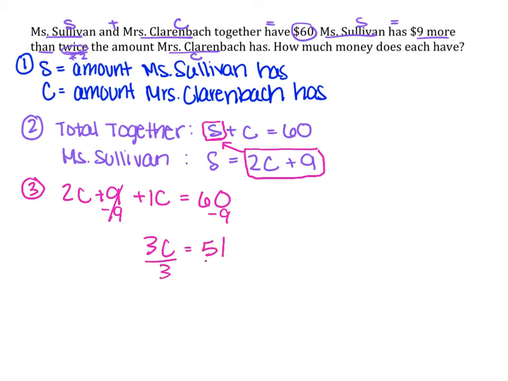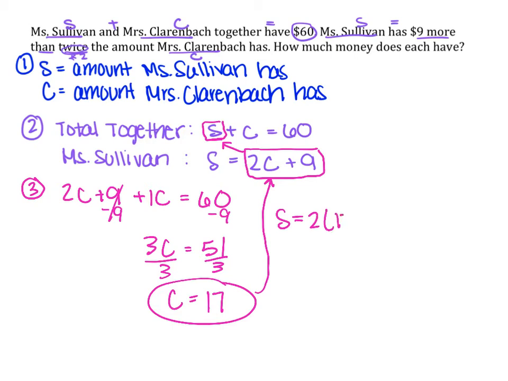When I divide by 3, that means C is 17. So that tells us Miss Clarenbach has $17. How do I figure out how much Miss Sullivan has? Well, I go back and fill in C. So Miss Sullivan has 2 times 17 plus $9, so that would be 34 plus 9.